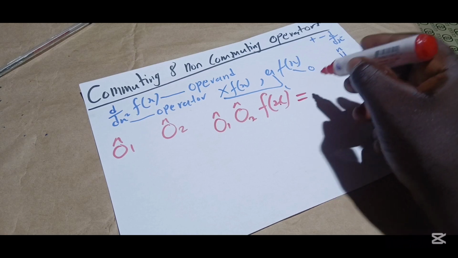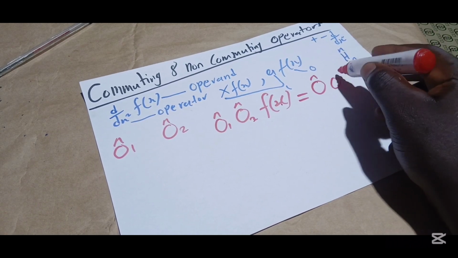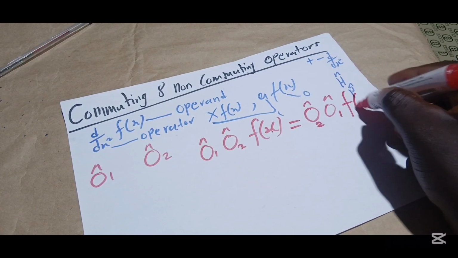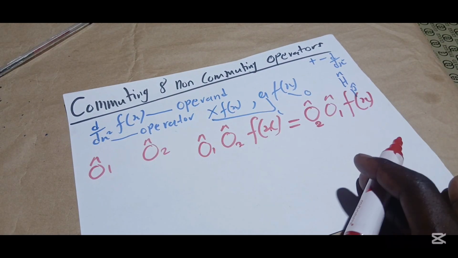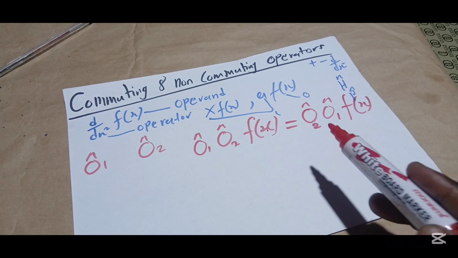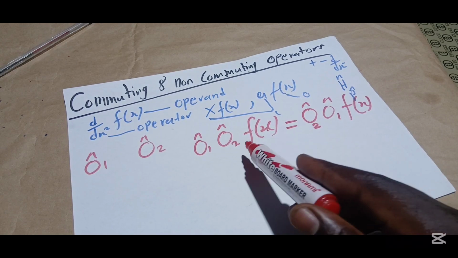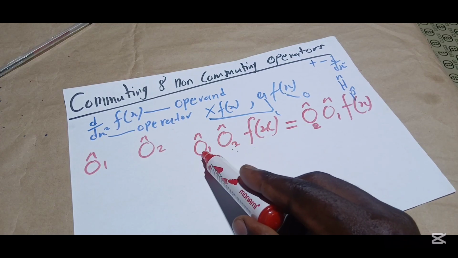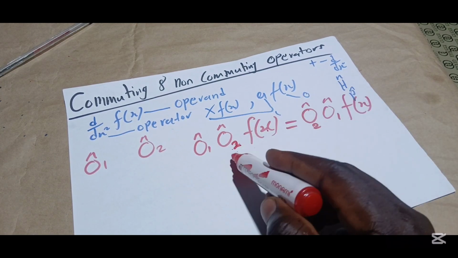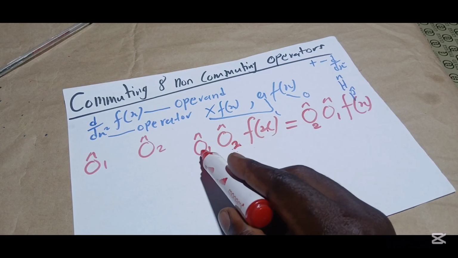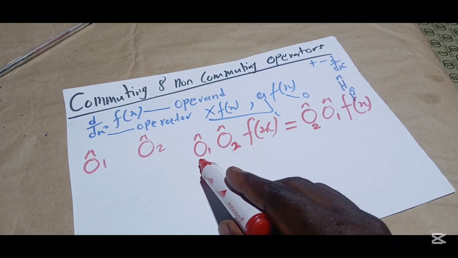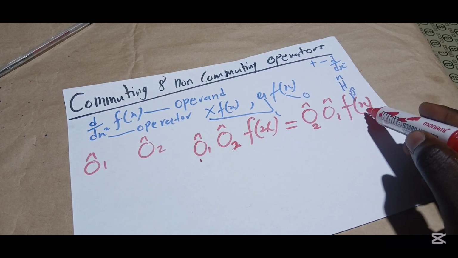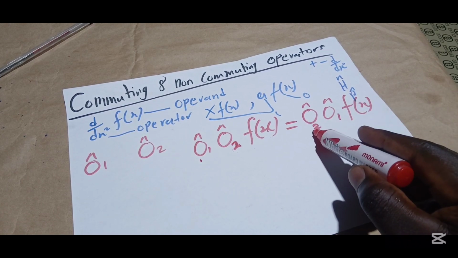We want to know if this will be the same. We want to know whether the order of operation matters. In this case, we are operating operator 2 on the function first, followed by operating operator 1 on the result. And in this case, we are operating operator 1 on the function first before operator 2 on the result.